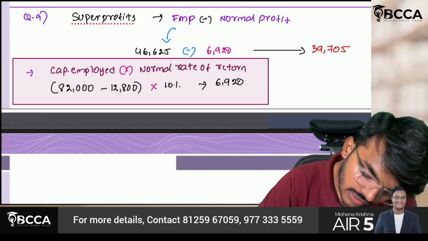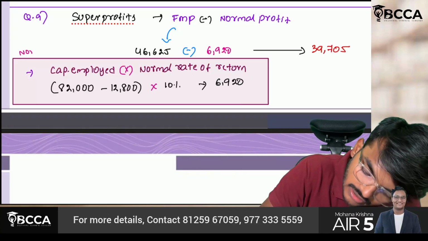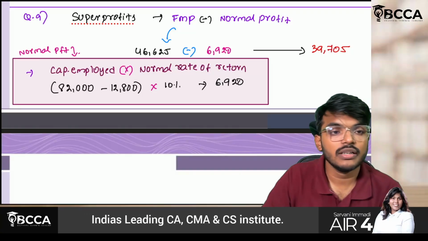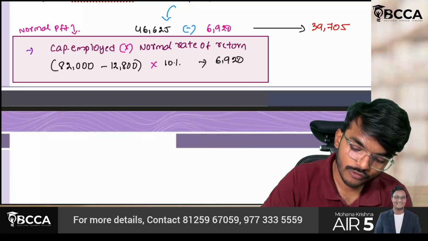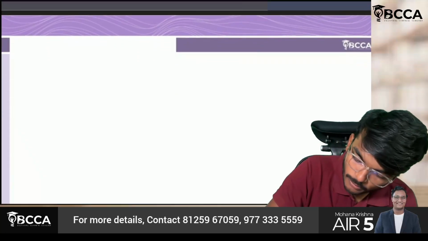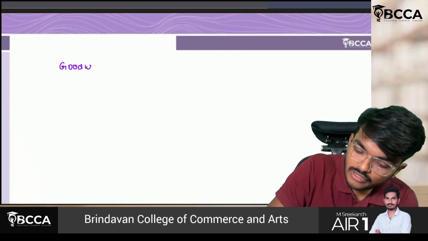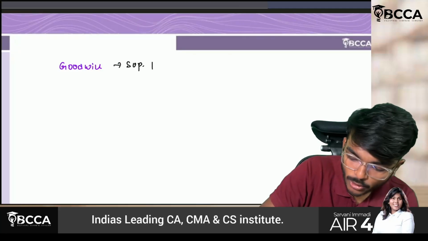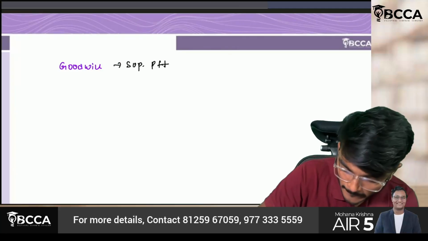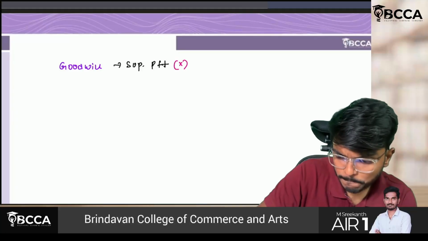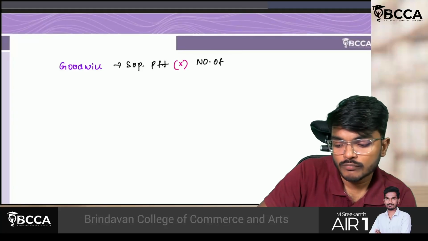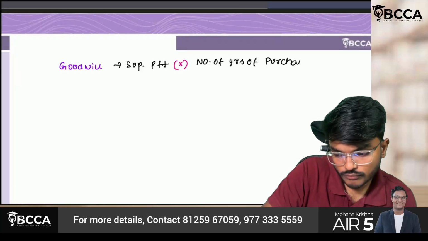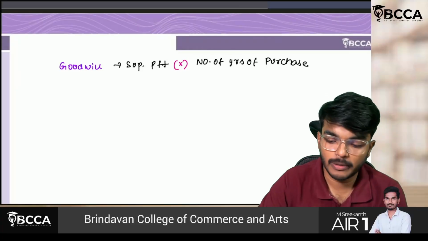So I have done the normal profit calculation here. Simple. What is the value of the goodwill? You can easily substitute in the formula. Goodwill equals super profit multiplied by number of years of purchase.